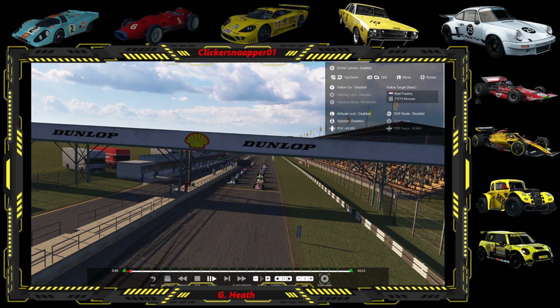Hippie from Canada is in third on softs. Roll Postma from Netherlands is in first on hards. Smells is in second.